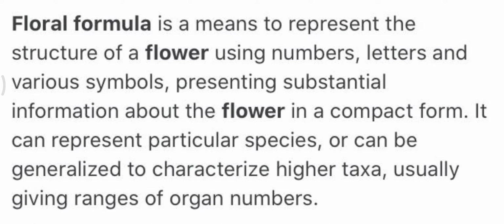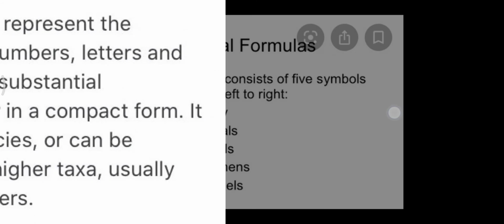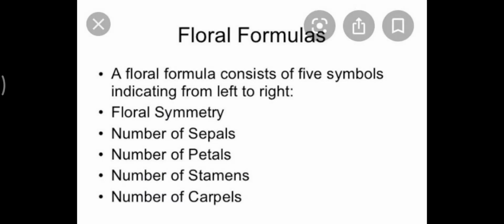So calyx is whether gamosepalous or polysepalous, estivation. So these are basically all the parts that we are going to discuss, and we will represent these parts in the form of numbers, letters and symbols, and it will give us a formula that is known as the floral formula.